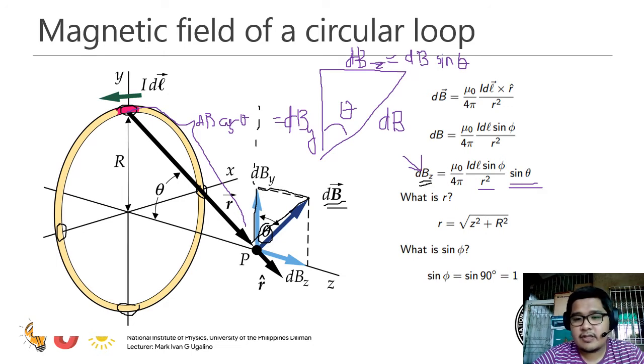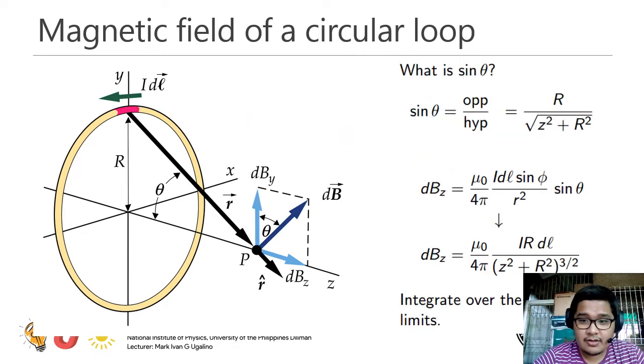That's the next step that we have to do. But of course, we first have to know what sine theta is, because sine theta in this case can be defined in terms of known quantities.